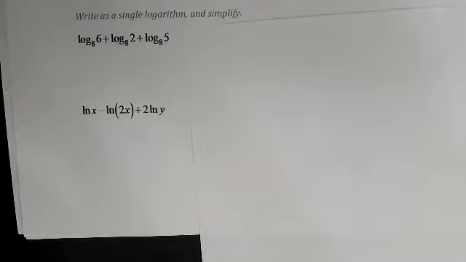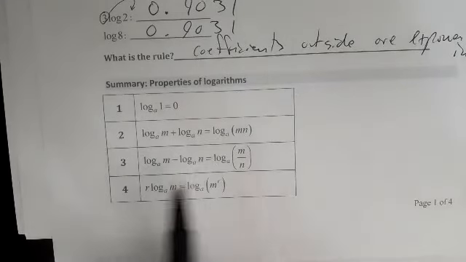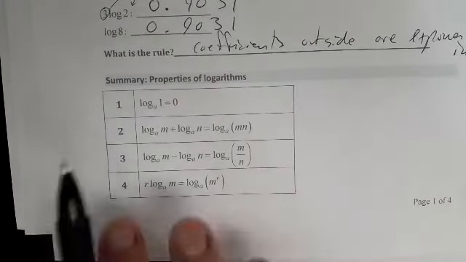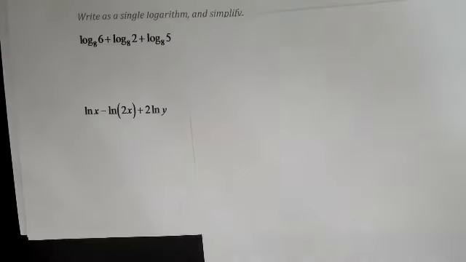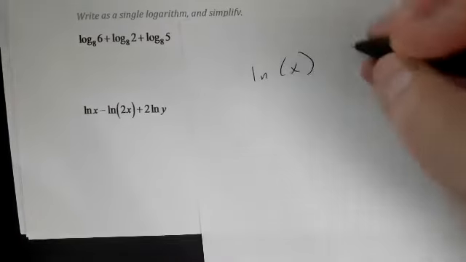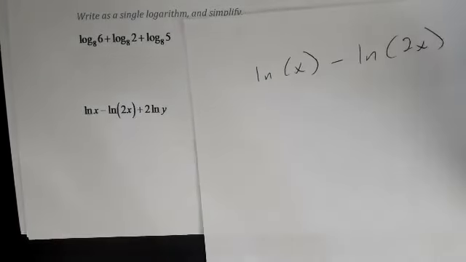If we go back and look at rules 2 and 3, they do not have coefficients on the log. So if we're going to invoke rules 2 and 3, we have to get rid of our coefficients. Rule 4 tells us how to get rid of our coefficients. So I'm looking at this thing. I'm seeing ln of x minus ln of 2x plus 2 ln of y.